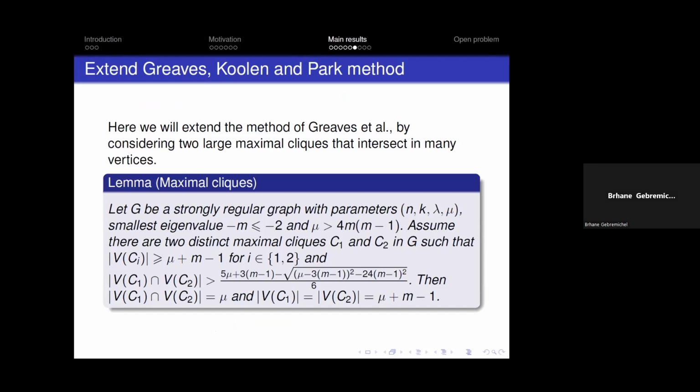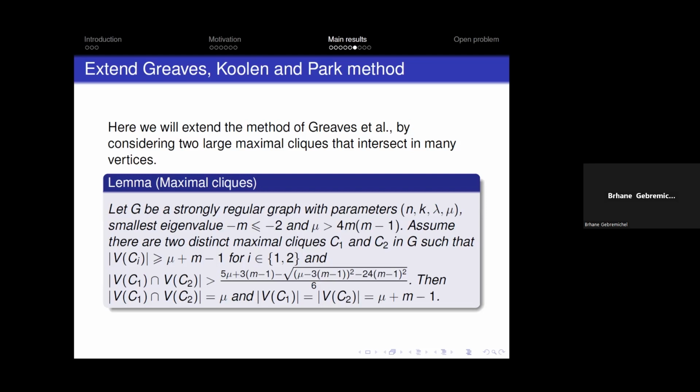Assume that there are two distinct maximal cliques C1 and C2, each of order at least μ + m - 1, and the number of common vertices in the two cliques is at least (5μ + 3(m-1) - √((μ - 3(m-1))² - 24(m-1)²))/6.